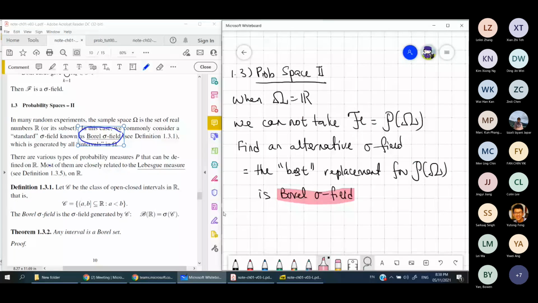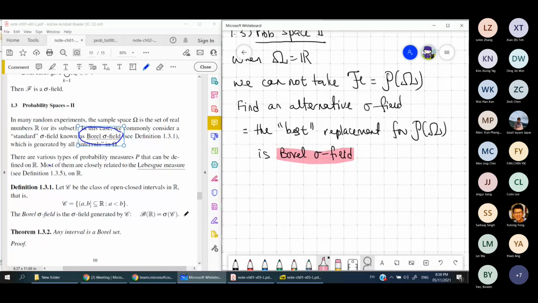That's why it's now a standard scheme for us: when we consider the sample space to be R or any interval of R, we're going to consider the Borel sigma field, instead of some other sigma field. So this is the standard replacement.